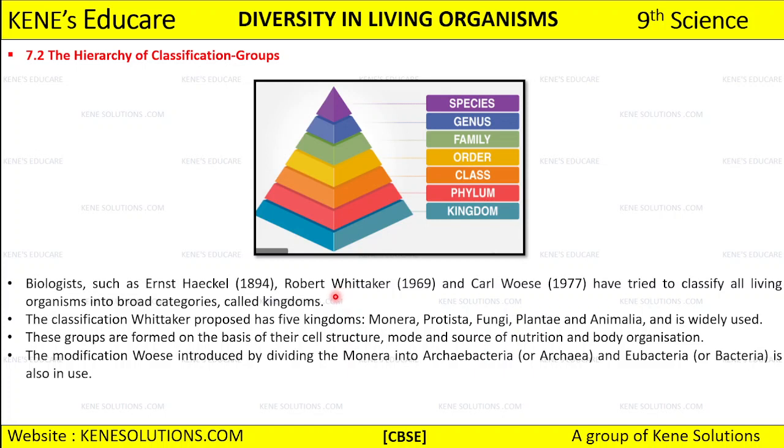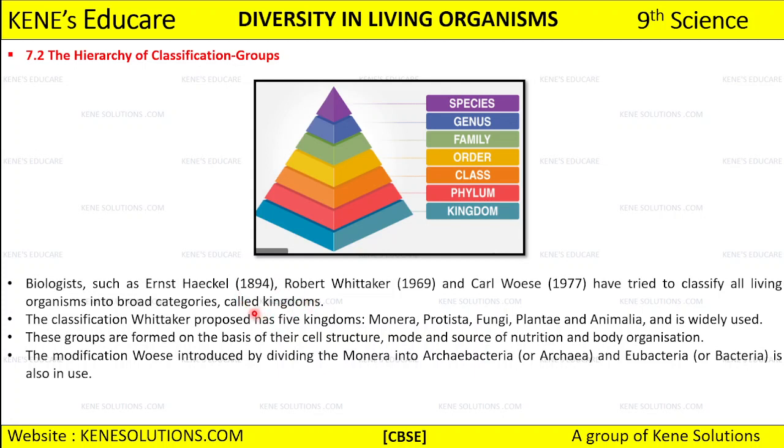Not only Robert Whittaker, but before him there was Ernest Haeckel in 1894, who was also trying to classify living organisms into these broad categories. Then after Whittaker, we have Carl Woese, who again tried to classify these living organisms into kingdoms.